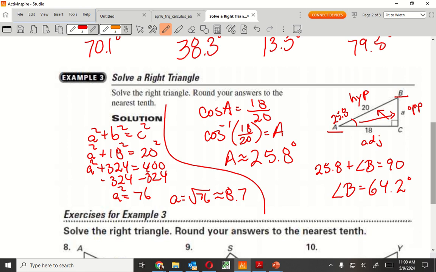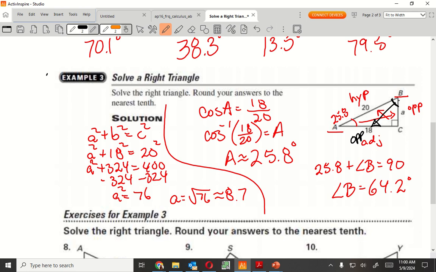Do we always have to do that to get the other one? Is this easier than having to do this over again? Yes, I'm trying to make it easier. Could I do it the other way? Yes, I can. From B, B is my new reference angle, so I have to change up my triangle.